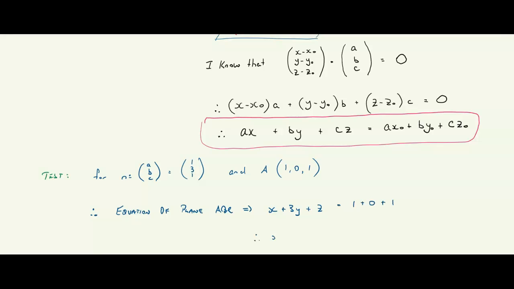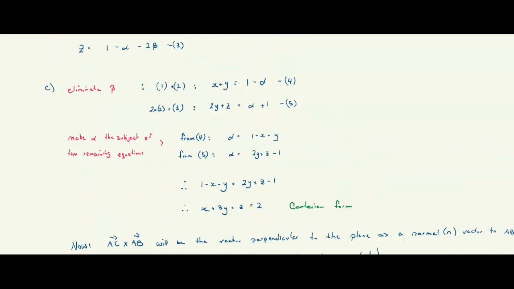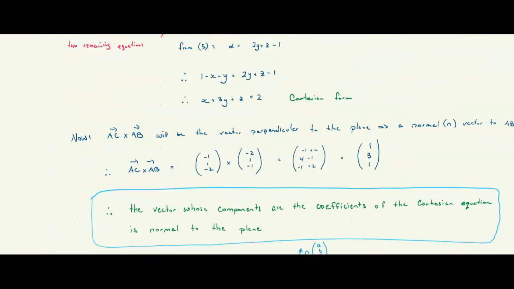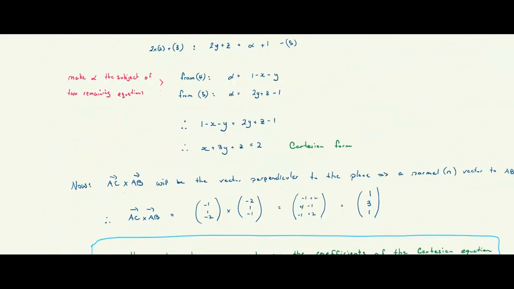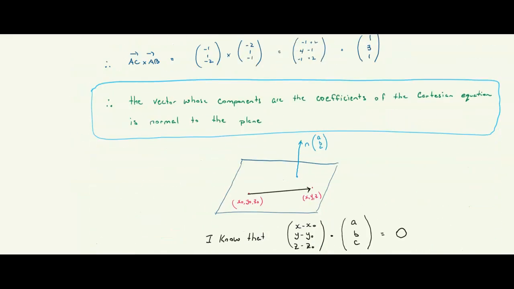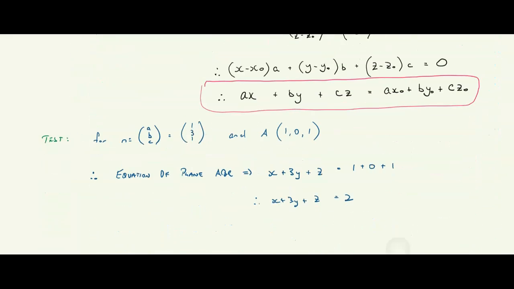So therefore, x plus 3y plus z is equal to 2, which seems to match up nicely with, where was it? Right here, with my Cartesian form right here. X plus 3y plus z equals 2.